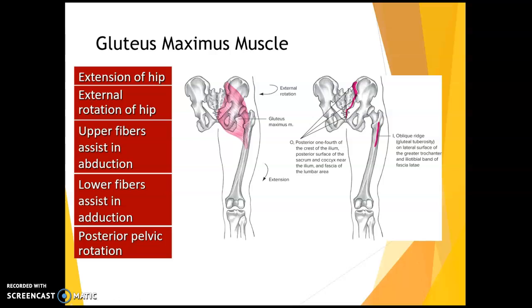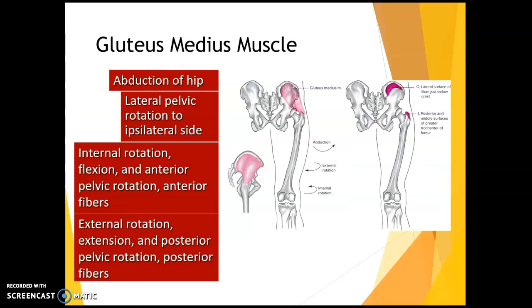Great. Got glute max, we talked about him. Runs along this border here, nice big border, nice big attachment out here, big beefy muscles, usually known as a powerhouse. Glute med takes over where glute max ends along this ridge here, and glute med attaches out on the greater trochanter, used more in abduction.